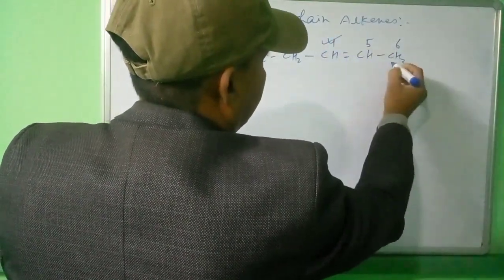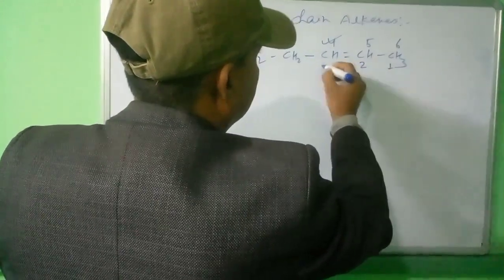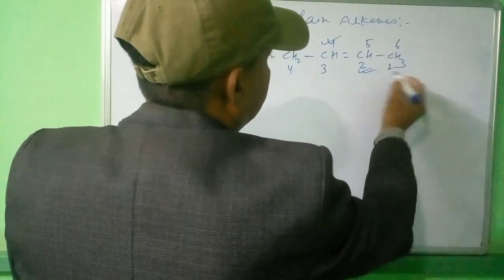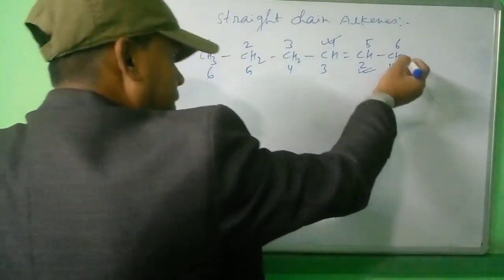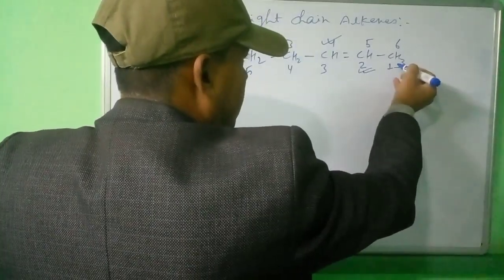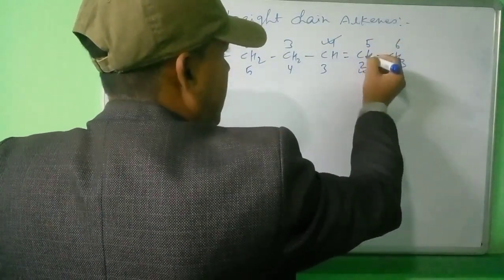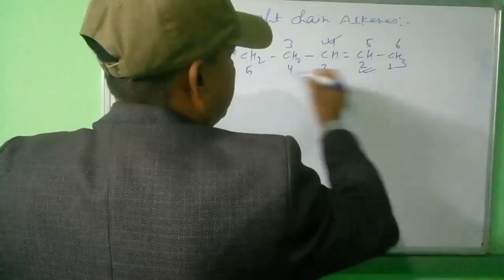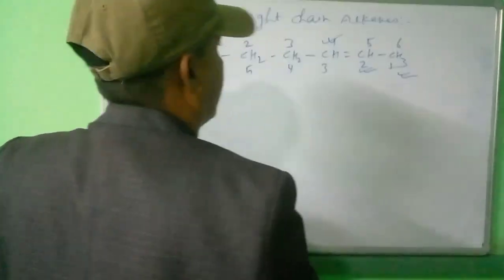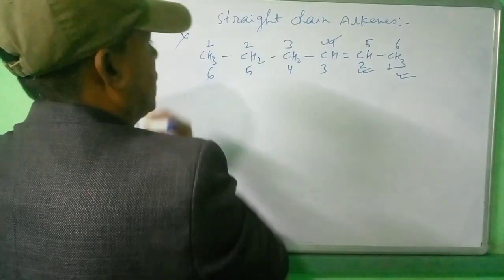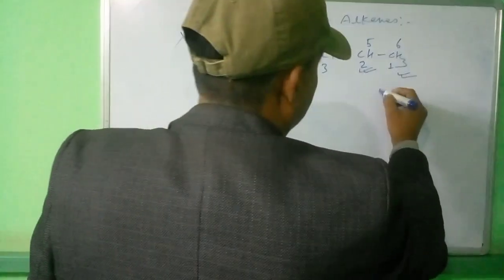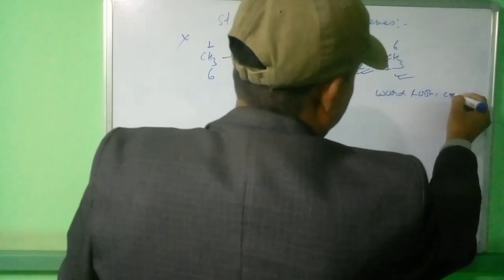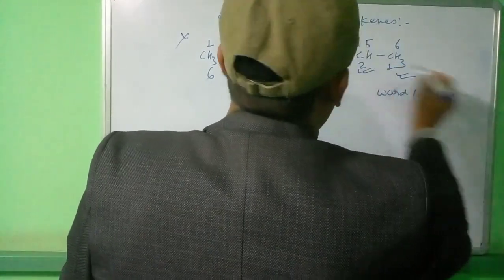Right to left, 1, 2, 3, 4, 5, 6, the second carbon has the double bond first. So right to left is the correct way of numbering the carbon atoms, and left to right is the wrong way. Now the word root: the number of carbons is 6.